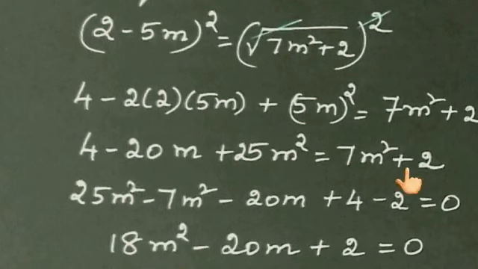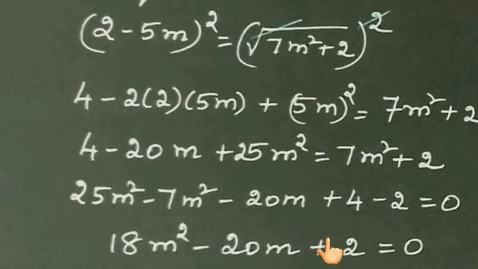Now you can observe that this is an equation of quadratic form. So here 25m square and 7m square, which is greater? 25m square is greater. So bring the right hand side to the left hand side. The lesser one we bring to the other side. So 25m square minus 7m square becomes 18m square minus 20m. There is a constant 4 here and on the right side a constant 2, bring it to the left hand side.